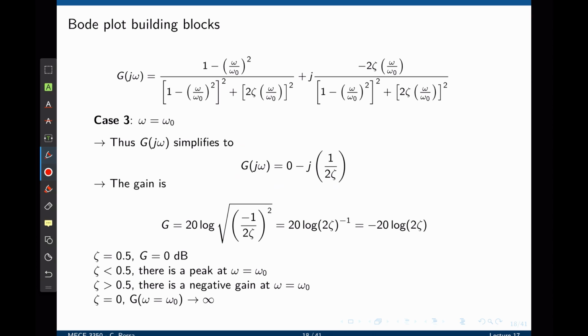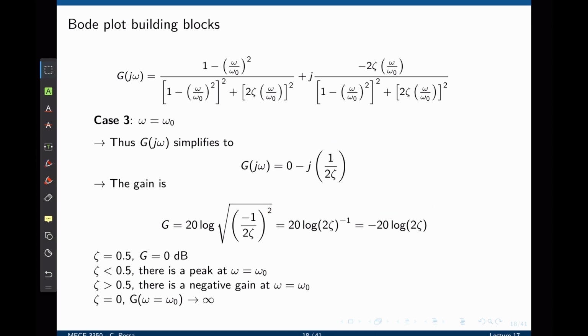If you want to find the magnitude again, you need to do the square root of the real part squared plus the imaginary part squared, and here it is. The real part in this case is 0. The square root and this square will cancel out, they bring with them the negative sign, and this simplifies to 20 log of 2 zeta to the power of negative 1. So negative 1 can go to the front of the log, and the final magnitude of the transfer function is negative 20 log of 2 zeta.